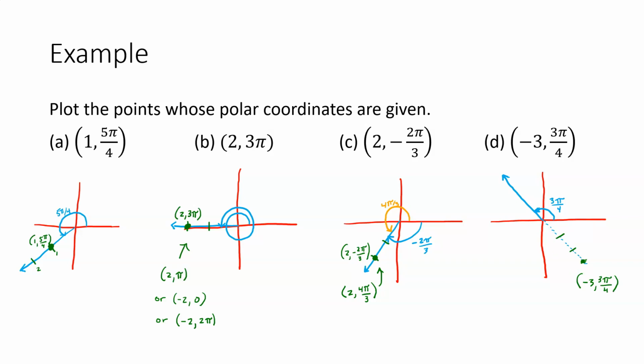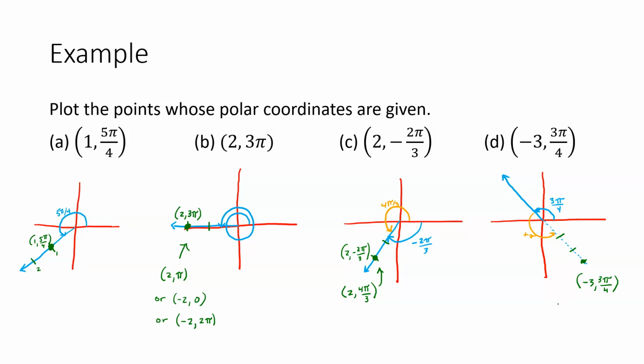How would I represent this point with positive radius, with a positive value for r? Well, one way would be to just think about what angle this is. For instance, I could locate this angle by adding pi to the angle 3 pi over 4. So that would give me an angle of 7 pi over 4.